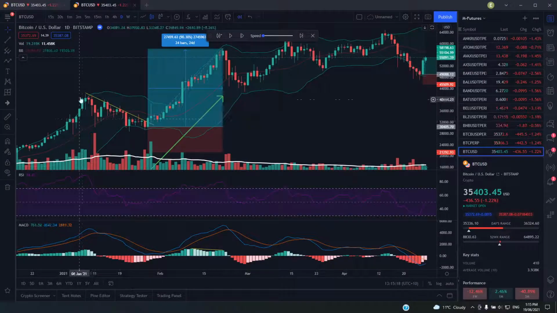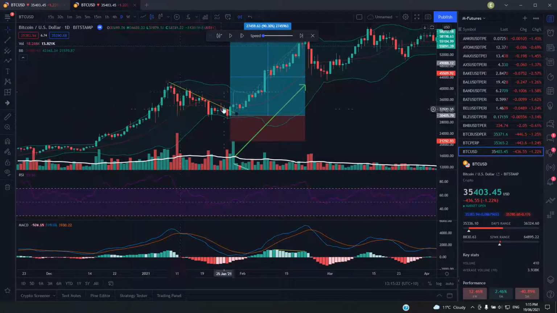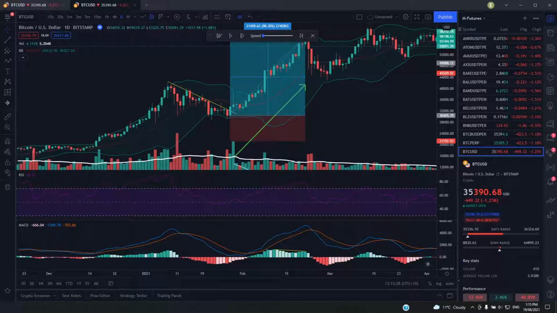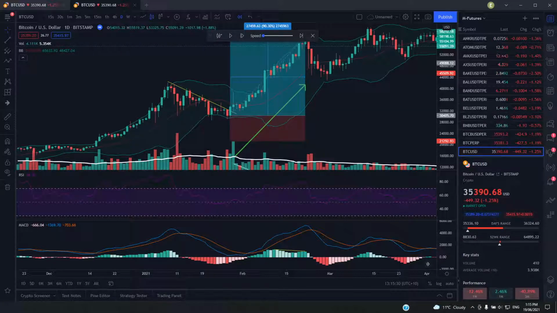Looking for that support, price at the lower of the bands after a downtrend and sideways motion, bullish signal on MACD, which is the histogram there. So even though it's going down, moving averages are going down, histogram's going up.